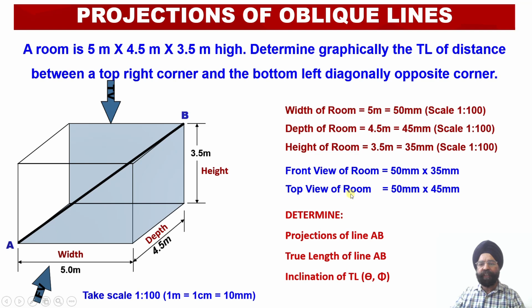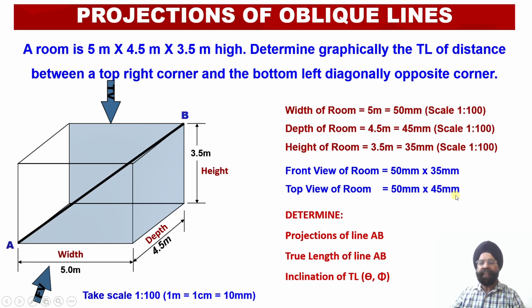So the top view, represented by the width and depth of this room, will be 50 millimeter by 45 millimeter. This way we can convert this physical real life problem into the projections of the oblique line problem, whereby in the front view we are going to draw the dimensions 50 millimeter by 35 millimeter, whereas in the top view we are going to draw the dimensions of the room as 50 millimeter by 45 millimeter.